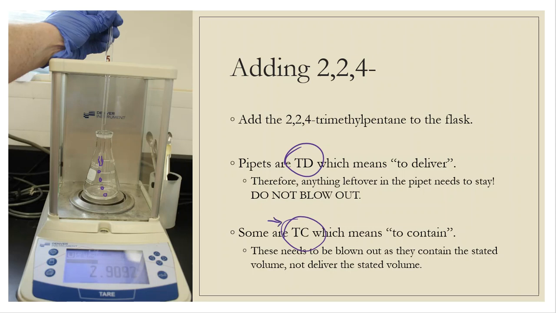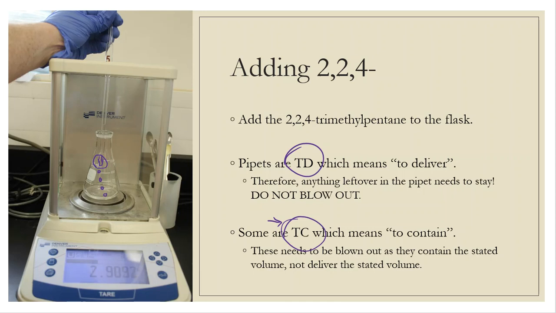Now, TCs mean to contain. Those you do blow out. Okay, there's the difference. So a pipette that is labeled TC is containing 5 mils. It might not deliver 5 mils, but it contains the 5 mils. And that means that any residual that you'll have down here in the very bottom, you do blow those out. Maybe with a pipette bulb, right?